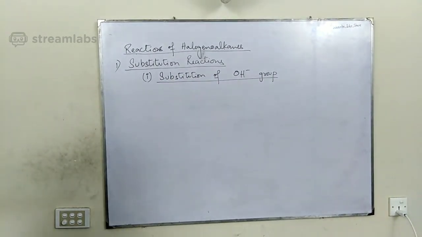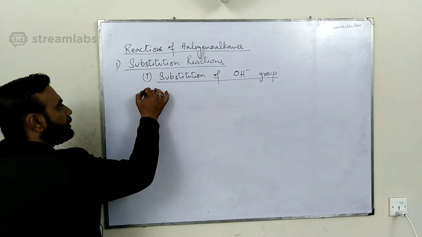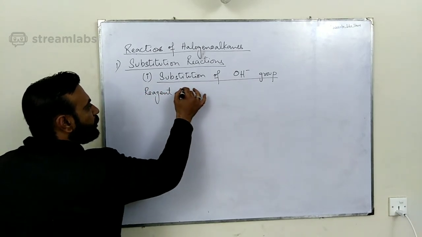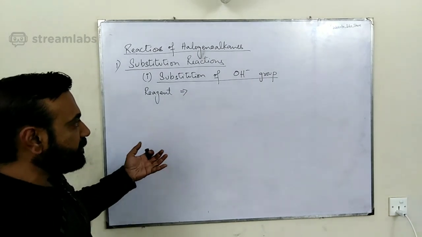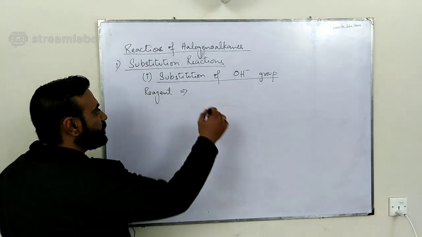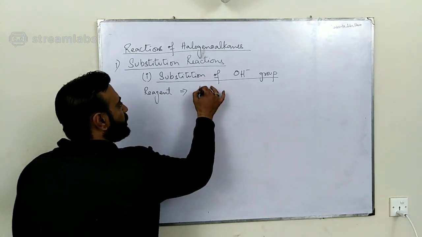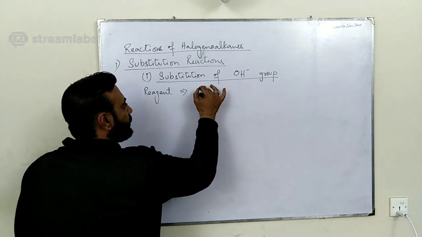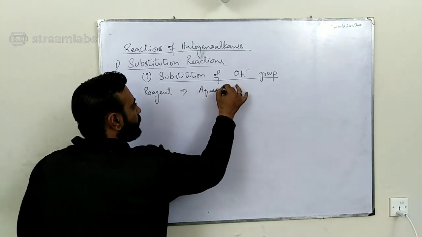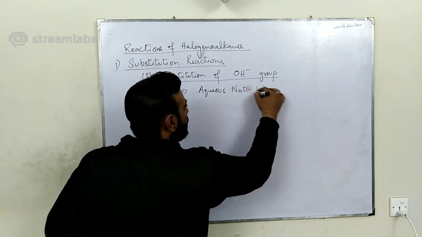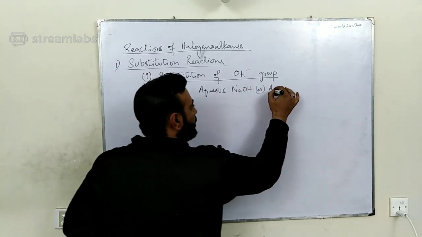Now, the reagent needed for this substitution reaction, substitution of the OH group in halogenoalkanes, is aqueous sodium hydroxide or aqueous potassium hydroxide.